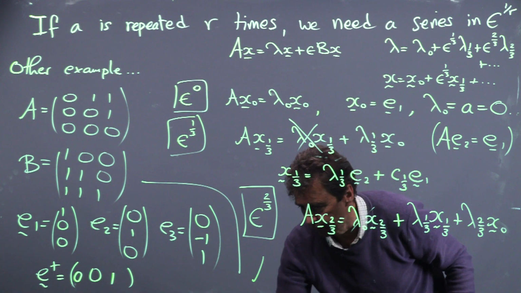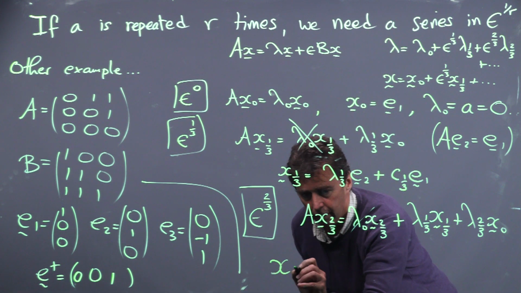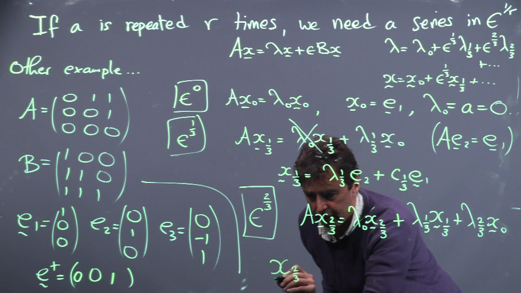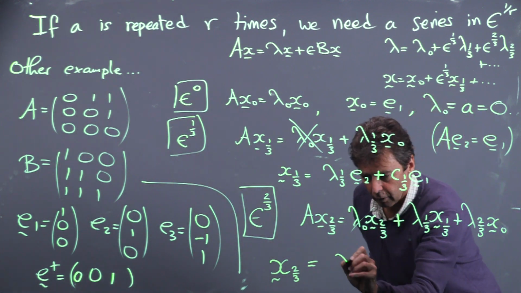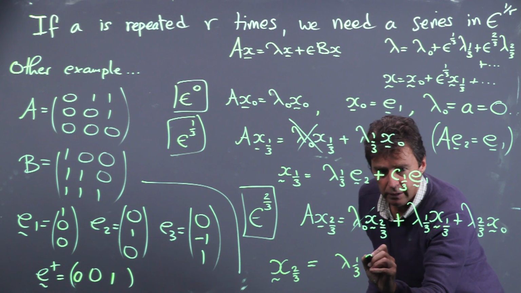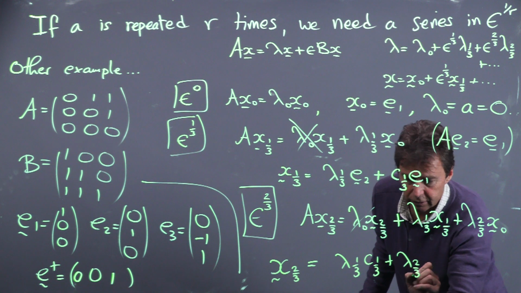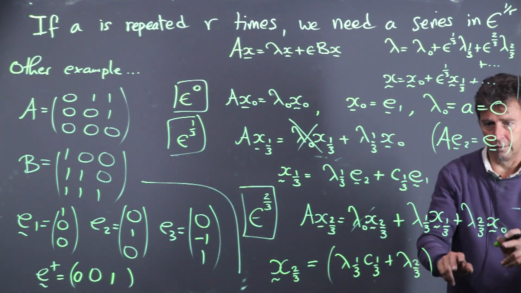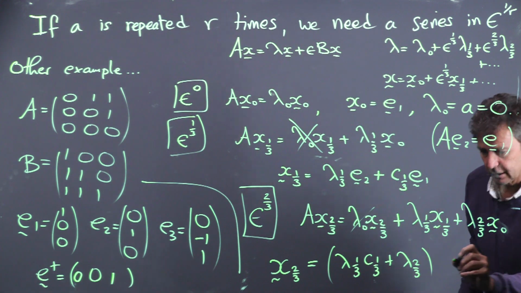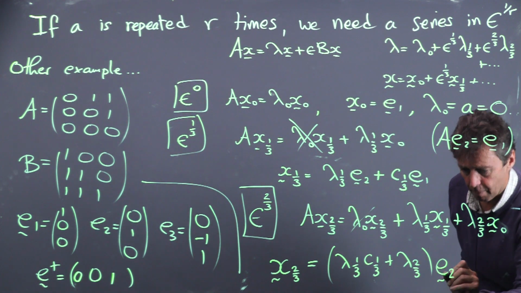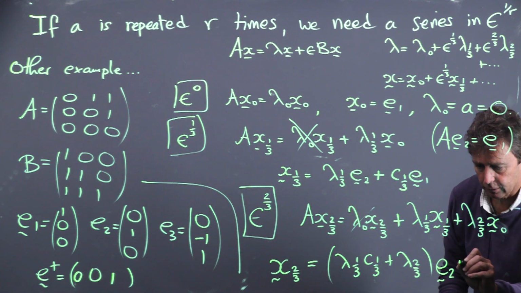So I can write x 2/3. It's going to be lambda 1/3 c 1/3 plus lambda 2/3, and the bit that has an E1 on the right-hand side, I'm just going to use this again, so I get an E2. But then in here, there's also this term, so that's lambda 1/3 squared.